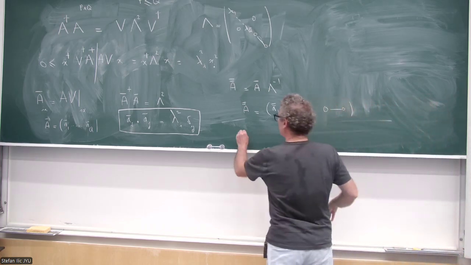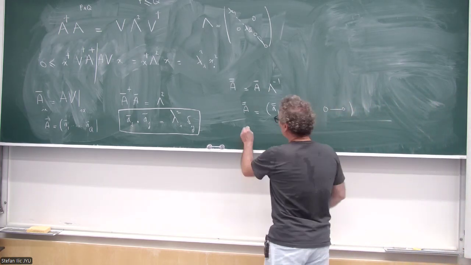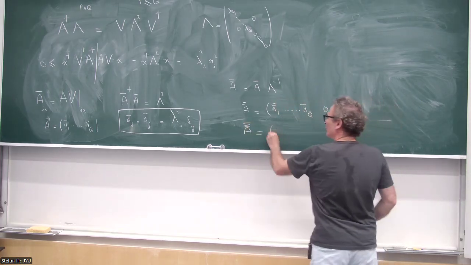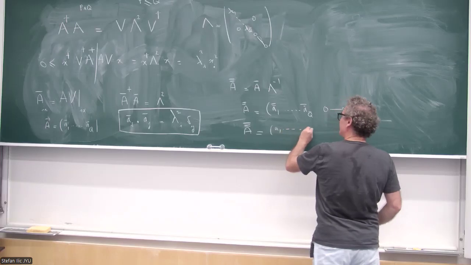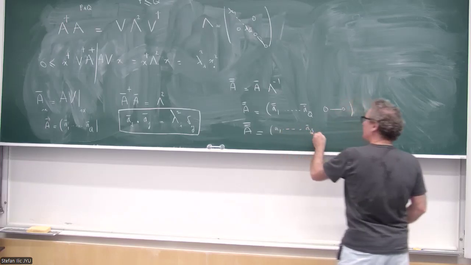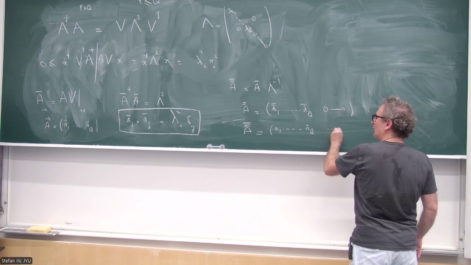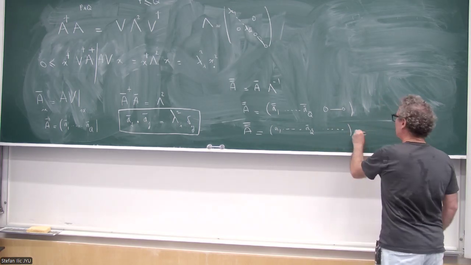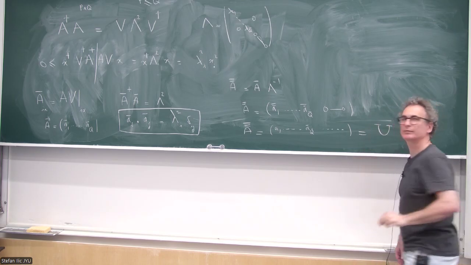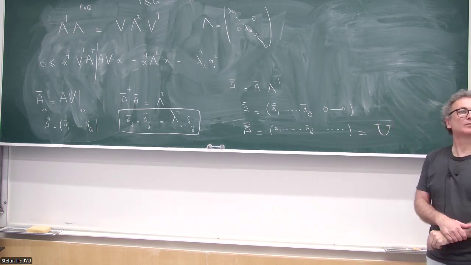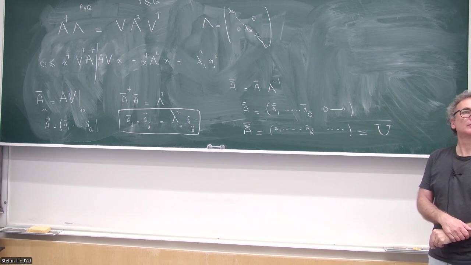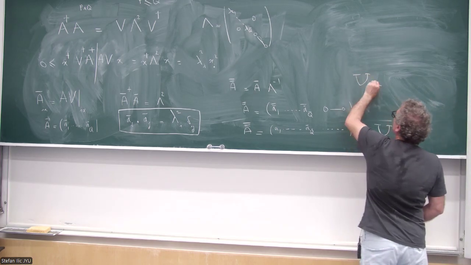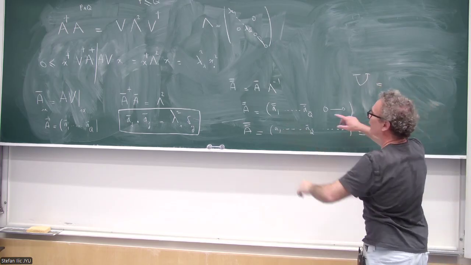I will introduce a matrix. Let's call it A bar, which is the same in the beginning. And then I continue so that the full matrix is unitary. This is a matrix we will call actually U. And now I have U. You just put everything together.